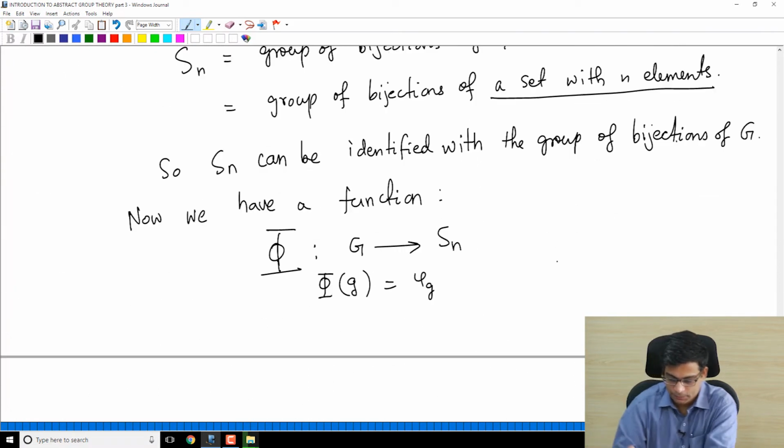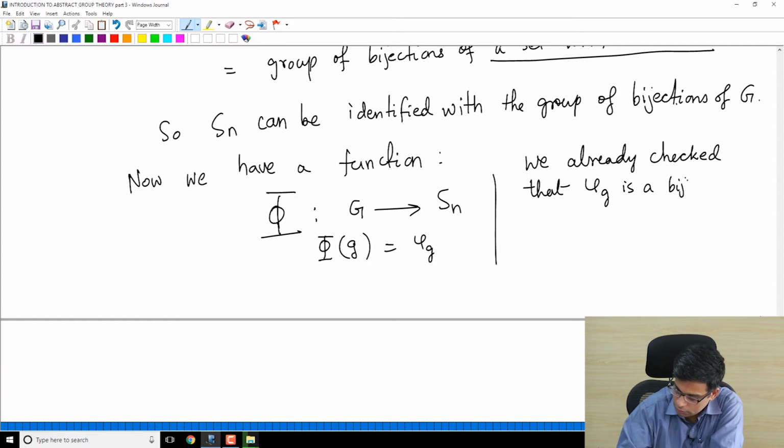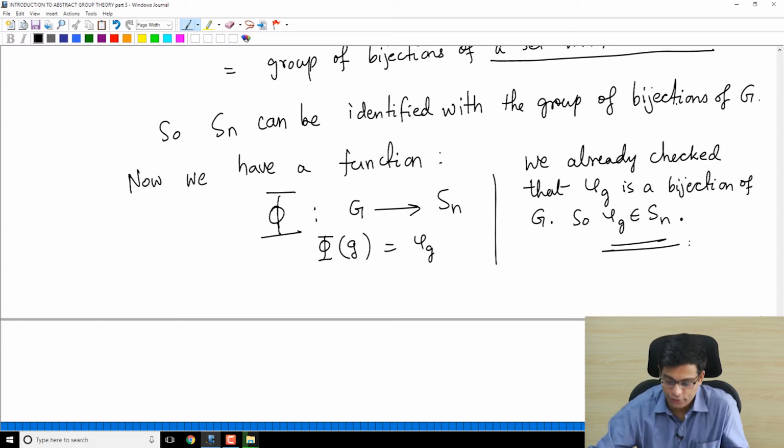So phi g is a bijection of G. So phi g is in Sn, because for the purposes of this theorem, we are thinking of Sn as the group of bijections of G itself. So phi g being a bijection of G is an element of Sn. So I am sending g to phi g.